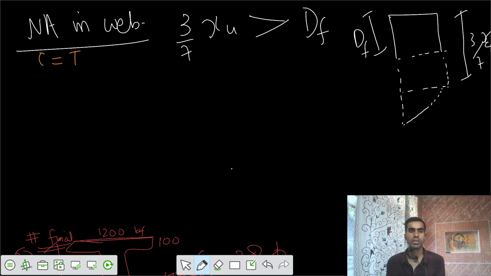I would say C equals T, and I have to use the rate of the DF equation. So we have a constant stress of 0.45 for the entire DF.